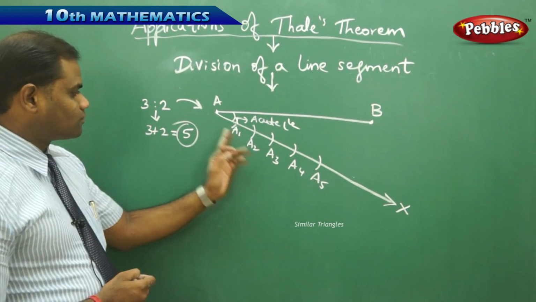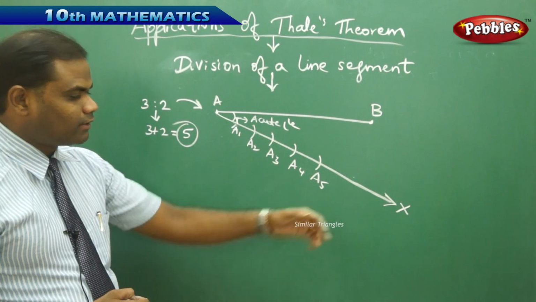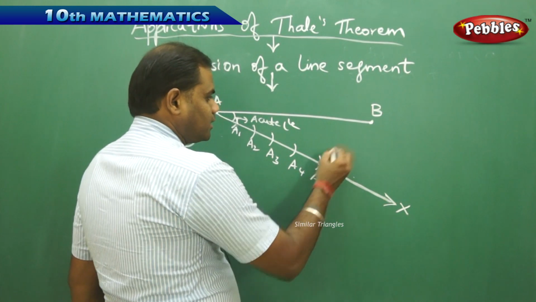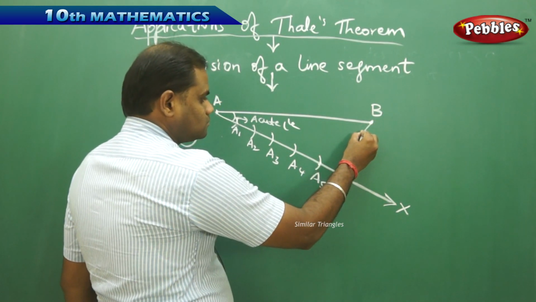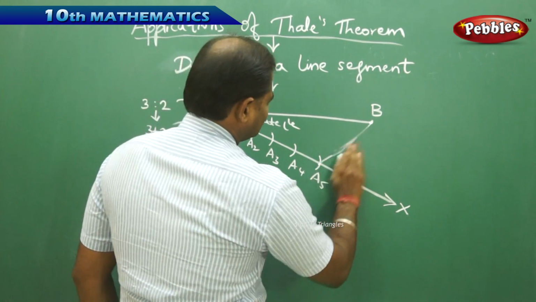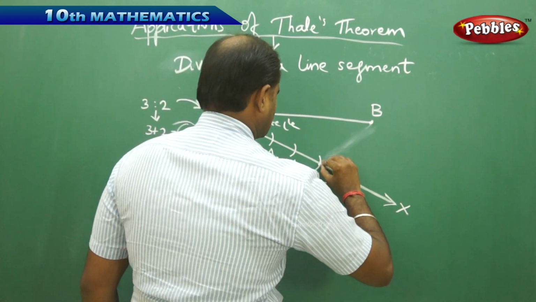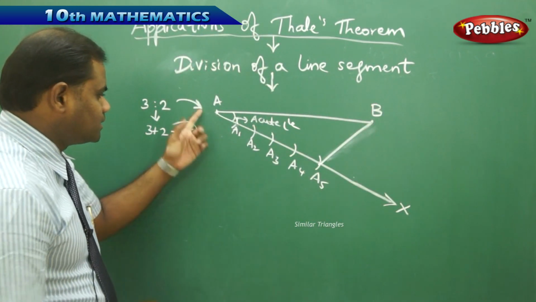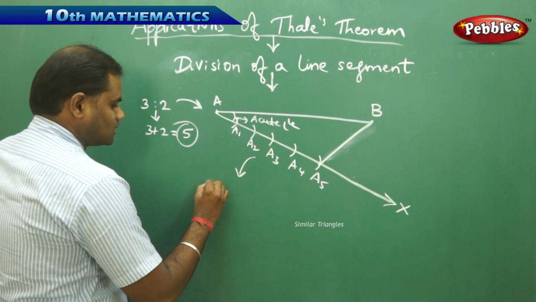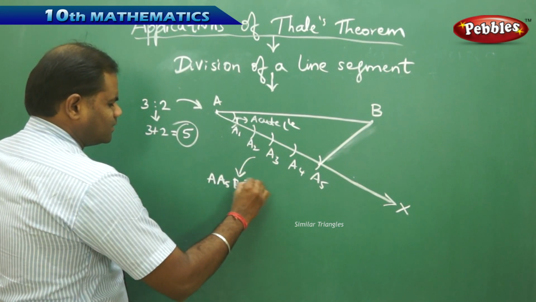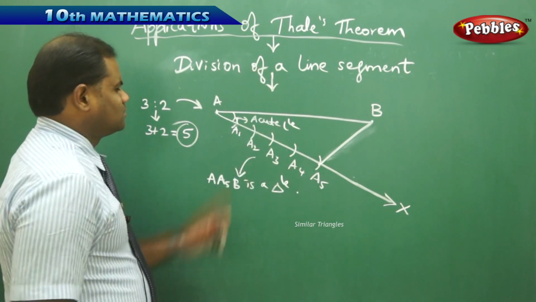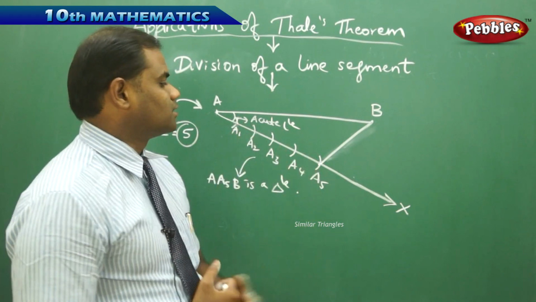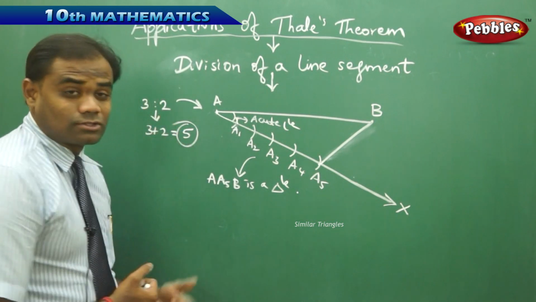Once I divide this into 5 parts, A1, A2, A3, A4, and A5 on the ray AX, next I join A5 with B. Joining A5 and B, clearly I identify that AA5B is a triangle, which I'm going to utilize in dividing the line segment into the ratio 3:2.